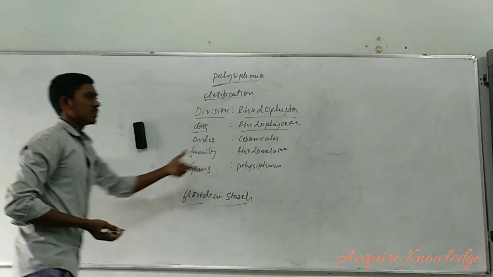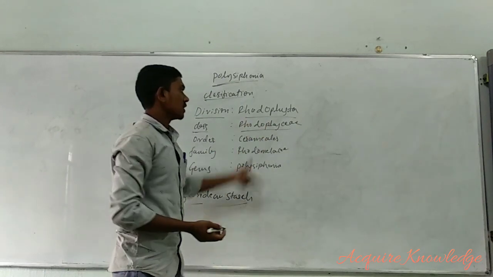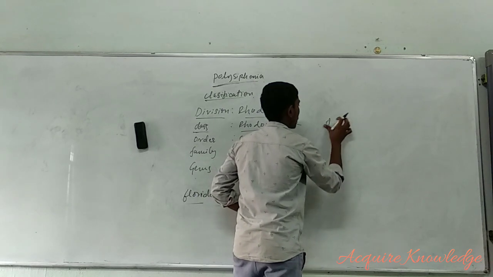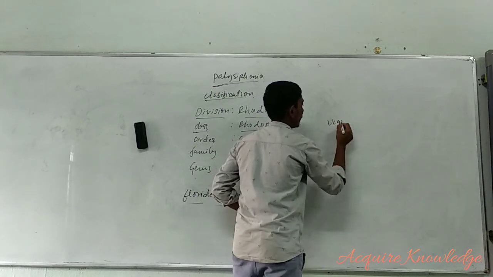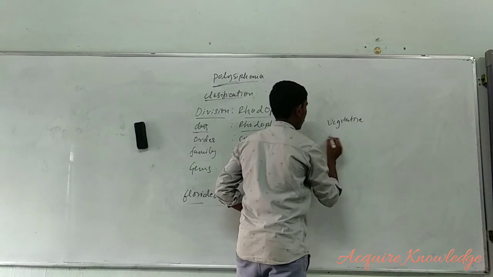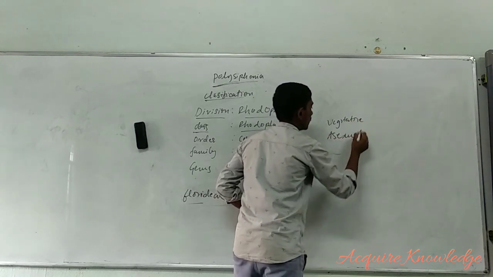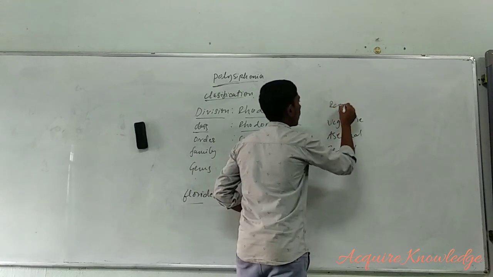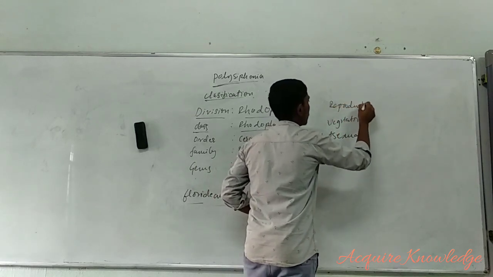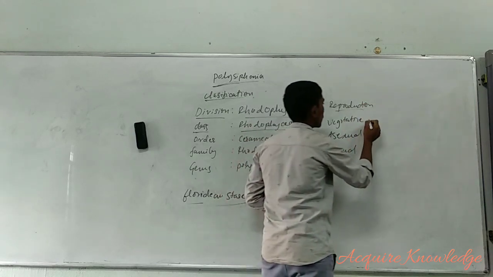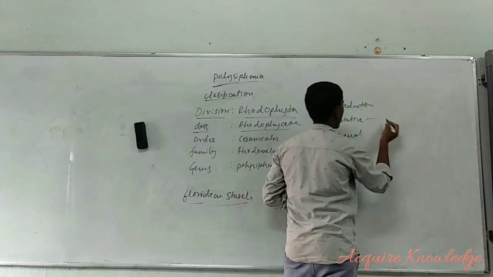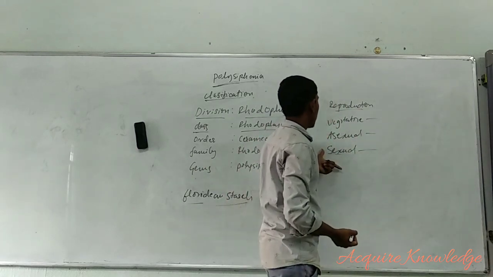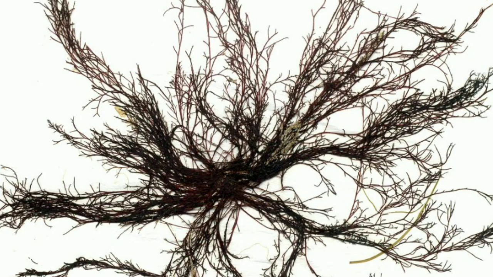And then there is reproduction. In the general reproduction of Polysiphonia, there is vegetative reproduction, asexual reproduction, and sexual reproduction. These three types of reproduction occur in this plant.